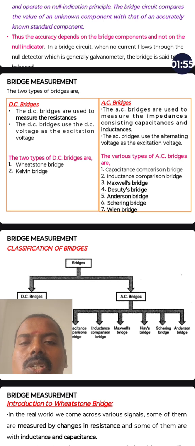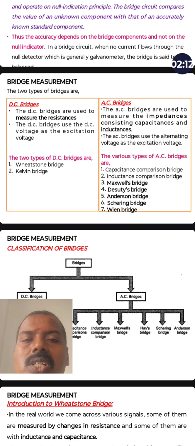DC bridges are used to measure resistance, as we already saw, and use DC voltage as the excitation voltage. Here two types of DC bridges are used, Wheatstone and Kelvin.